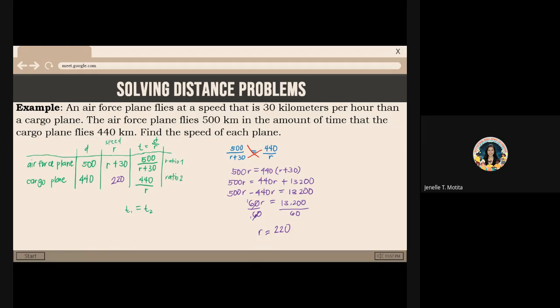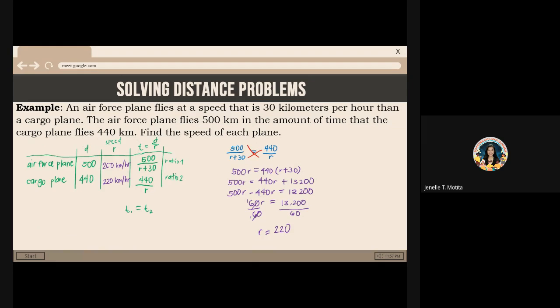Yes, kilometers per hour right here. 220 kilometers per hour. Next, this one, 220 plus 30, so that is 250. Same unit, 250 kilometers per hour. And so we have identified already the speed of each plane.